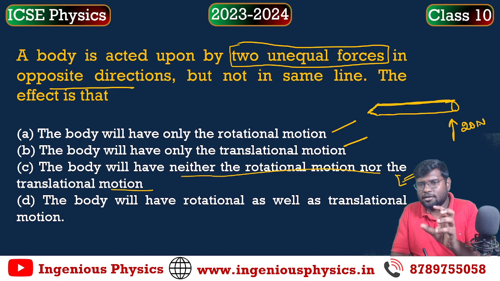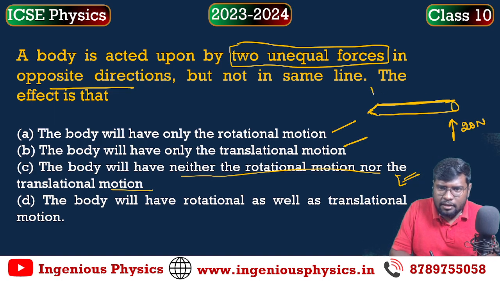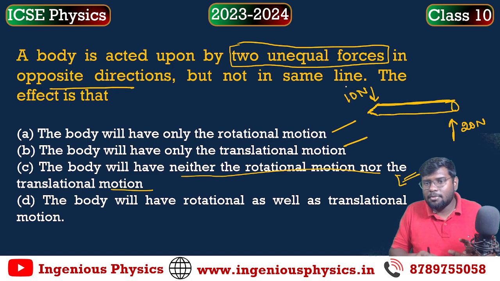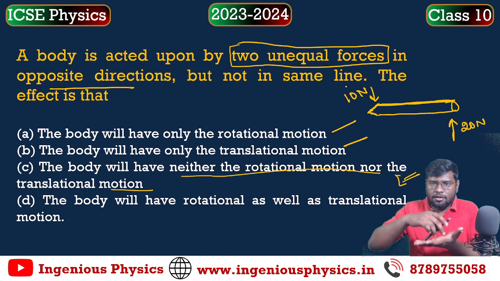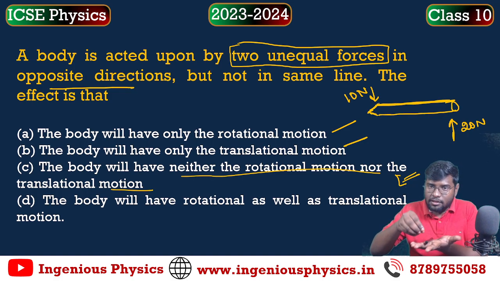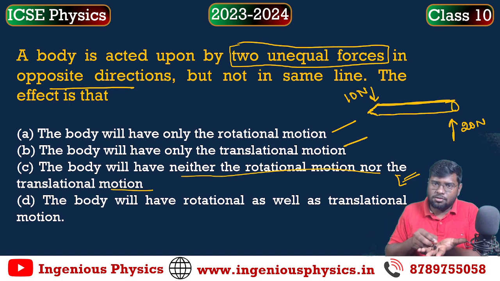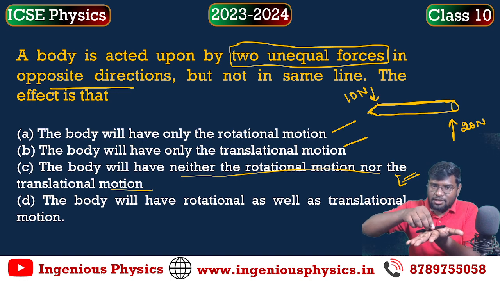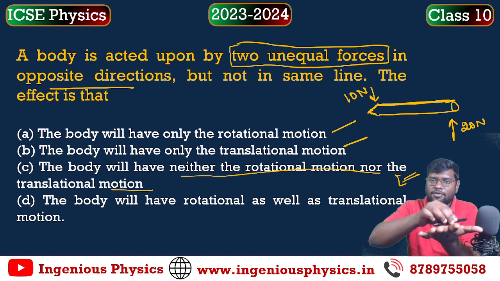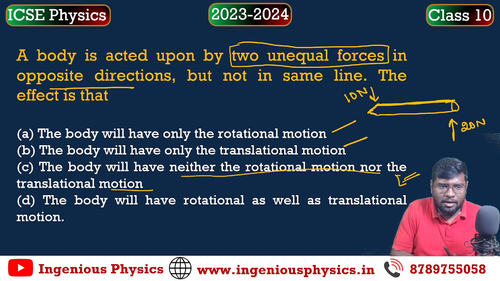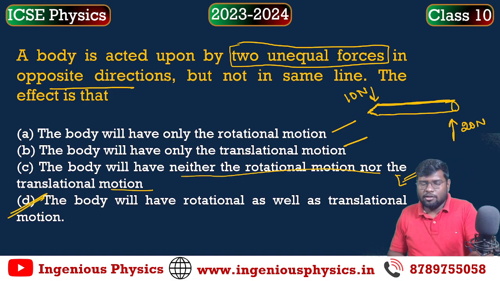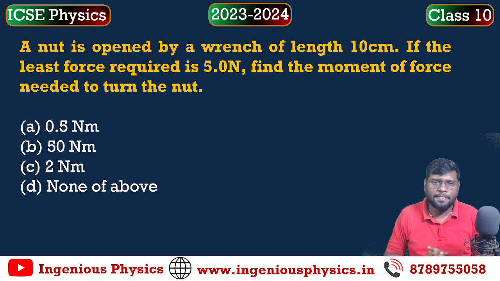I am just taking the data as an example, and in this other part I am just going to apply 10 newtons simultaneously. What will happen? Will there be any rotation? The answer is yes, there will be rotation, but along with that, there will be a linear motion also. With the rotation, the pen will start moving in a forward direction. So the option number D is correct, right? D is correct.